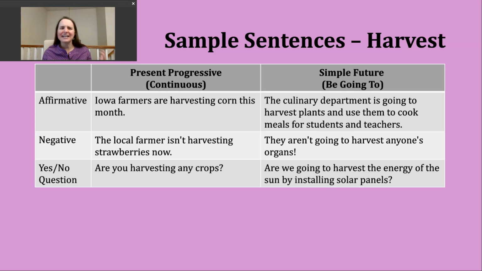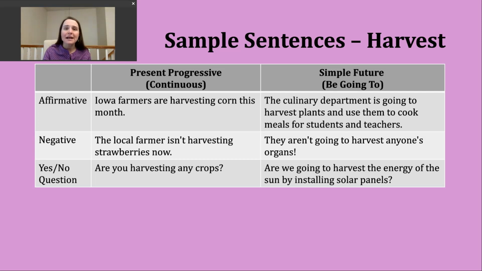Sometimes I have students say, Katie, I get kind of confused with the present progressive and be going to in the future. So the difference is we're adding ing to the verb go, but the action verb in this sentence is going to stay in its base form.